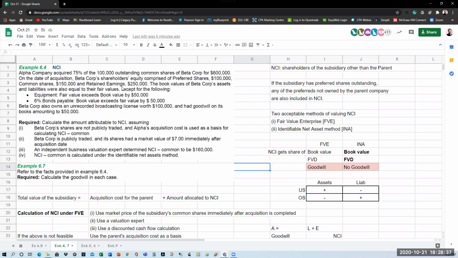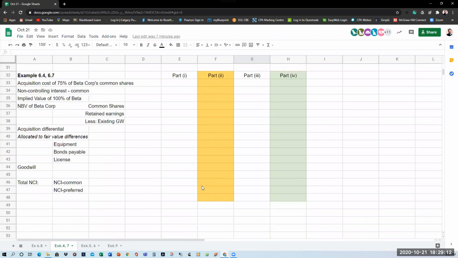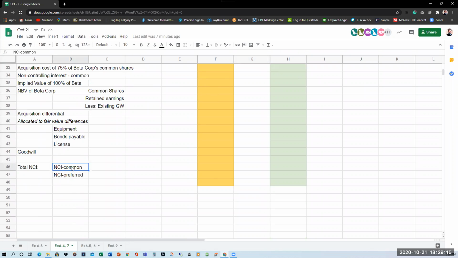What are the specific requirements though? Specifically, the question is asking about calculating the amount attributable to non-controlling interests, assuming in the first case that Beta Corp's shares are not publicly traded and that Alpha's acquisition cost is to be used as a basis for calculating the common share portion of non-controlling interest. So what is NCI? Total NCI will have a common share portion and a preferred share portion.